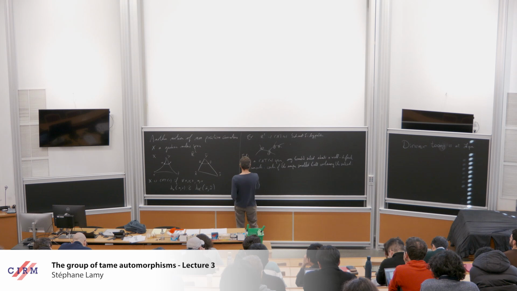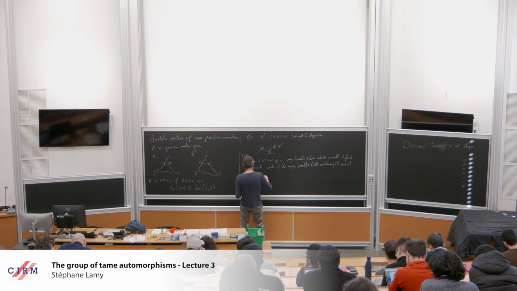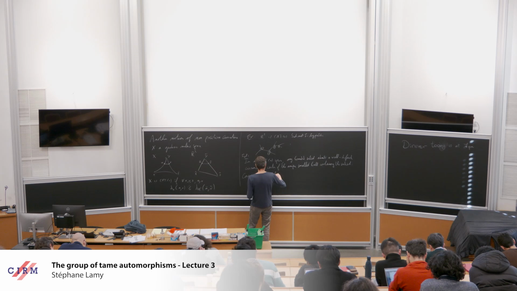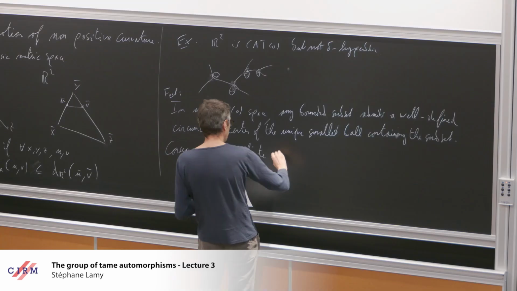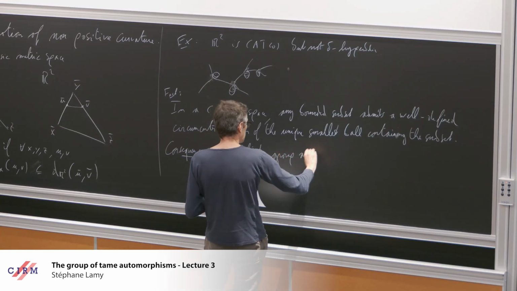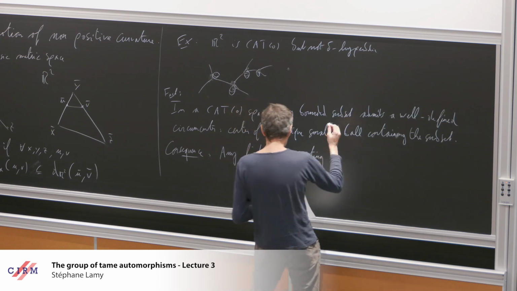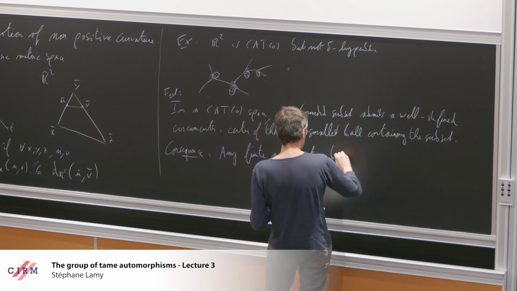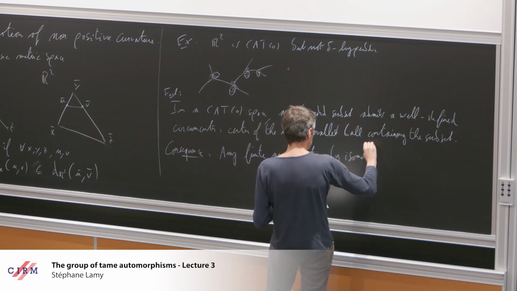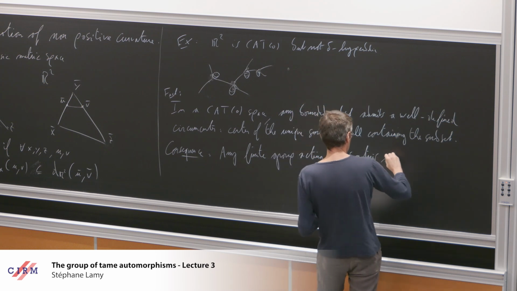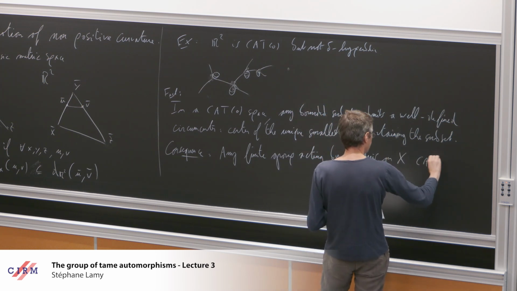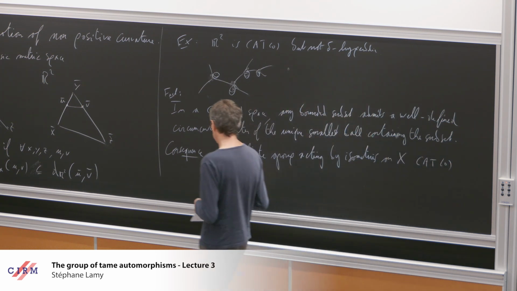A consequence of that: any finite group acting by isometries on a CAT(0) space X admits a fixed point.